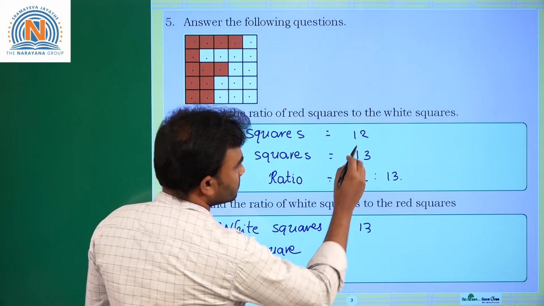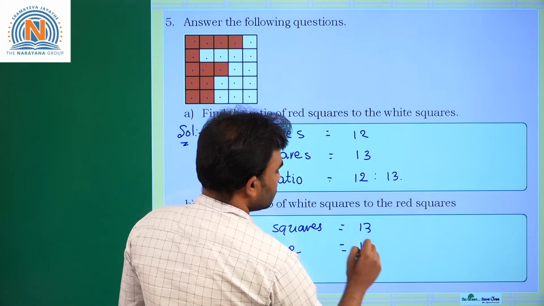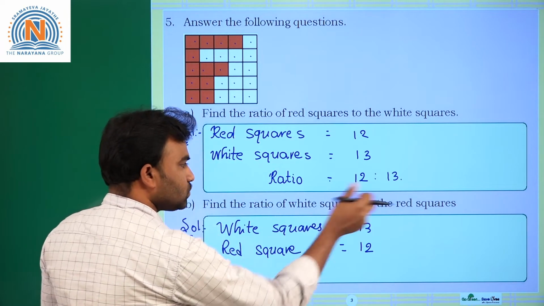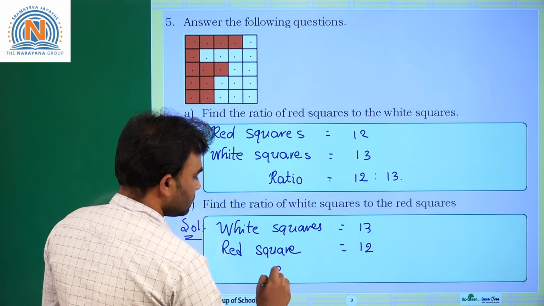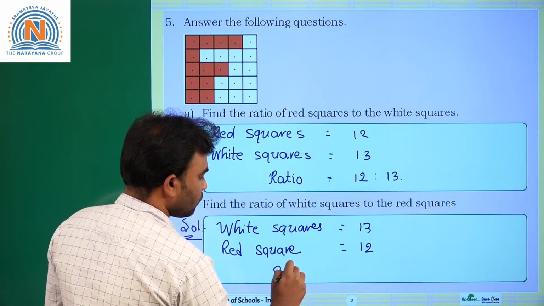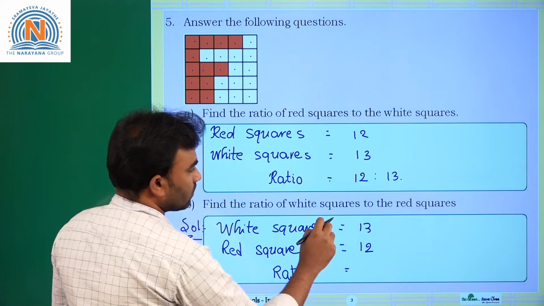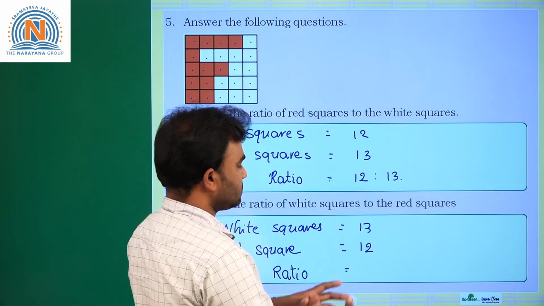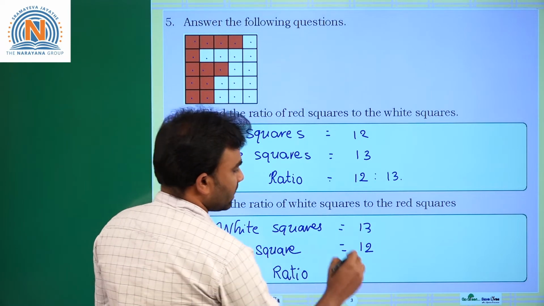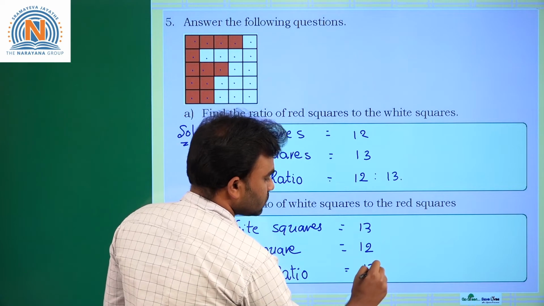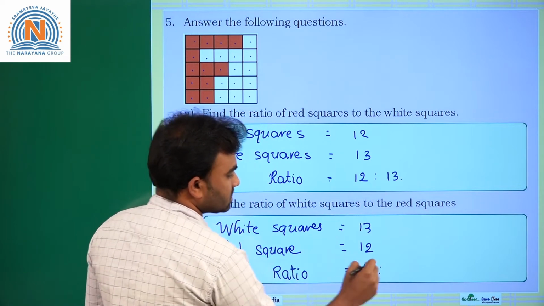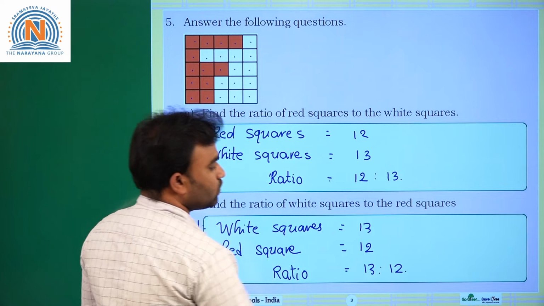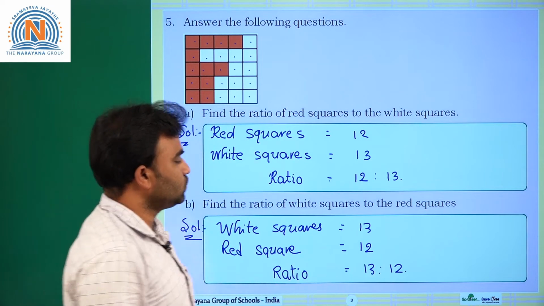Red squares are, see here, 12. So the ratio of white squares to the red squares is the number of white squares, how many? 13, is to the number of red squares, how many? 12. So the answer is 13:12.